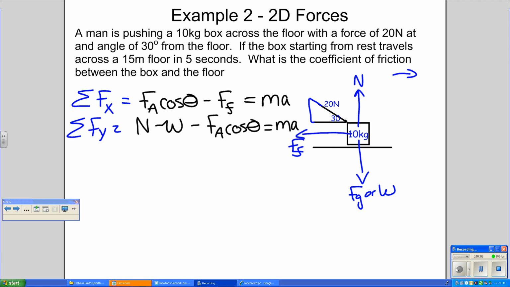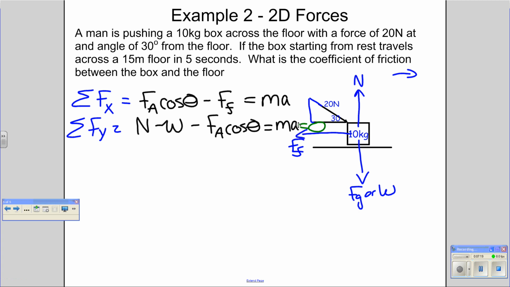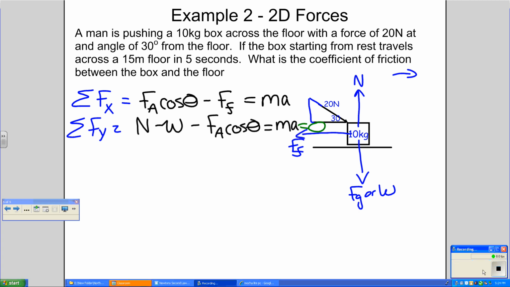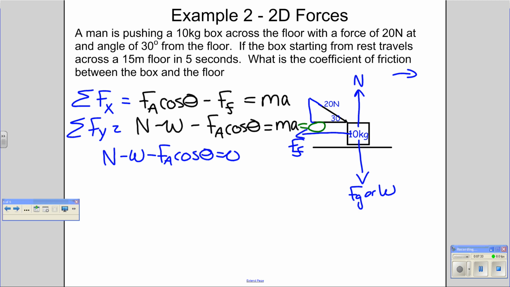Now, the box is not accelerating in the y direction, right? It's sitting on the surface, sliding across the surface. It's not speeding up or slowing down, going up and down. So, that's going to equal 0. Alright, so n minus w minus Fa cosine theta equals 0. Okay? Alright, so let's see. Normal force.